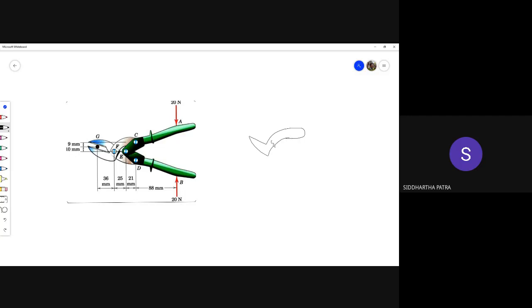Somewhere here is F. There is G. I'll not be considering the wear that is there. I'll be considering the cutting force that is being required.